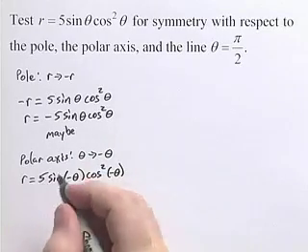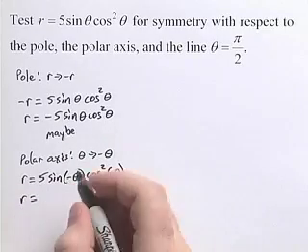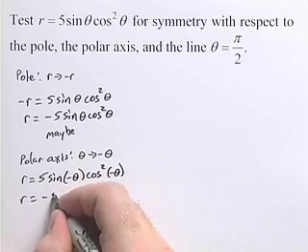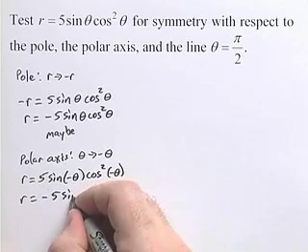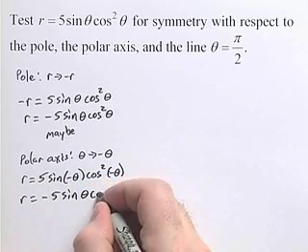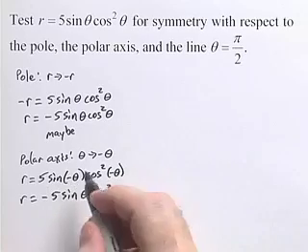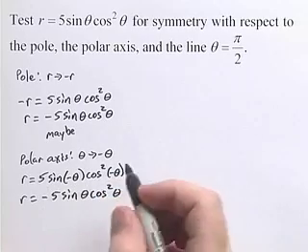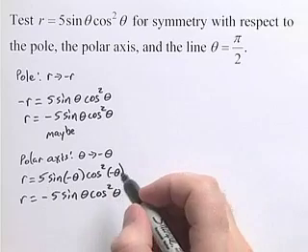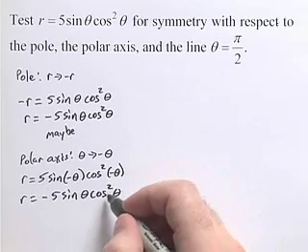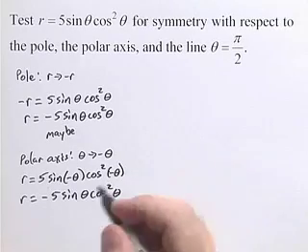If we clean that up, we get r is equal to negative 5 sine theta times cosine squared of theta. Remember that sine of negative theta is equal to negative sine theta. And cosine of negative theta is equal to cosine theta, but we're squaring that, so we have cosine squared.